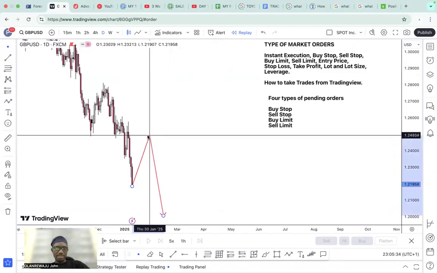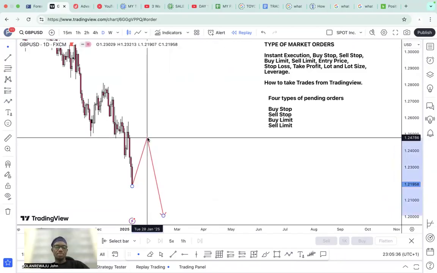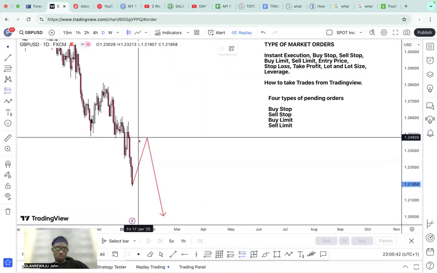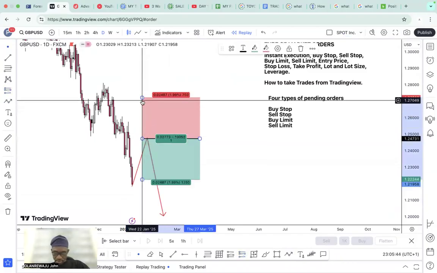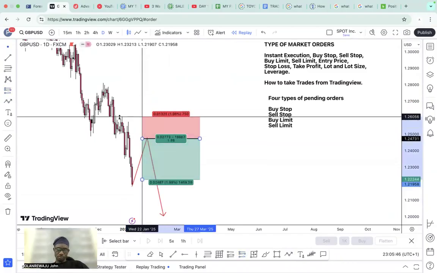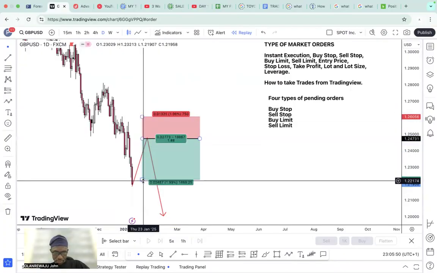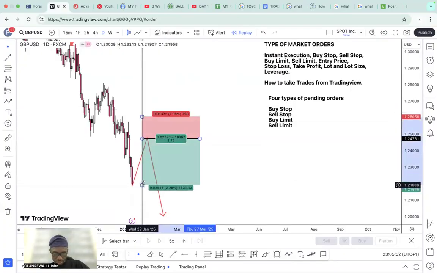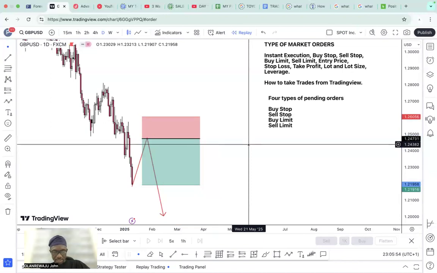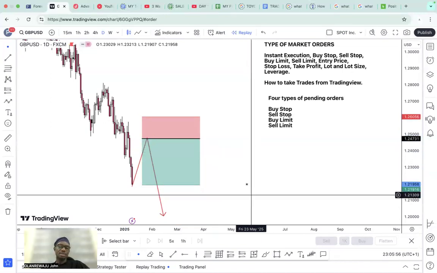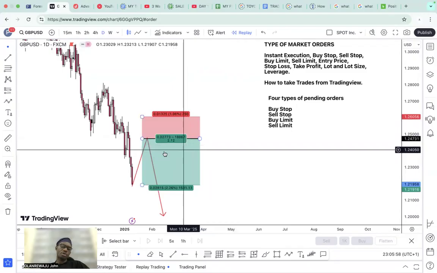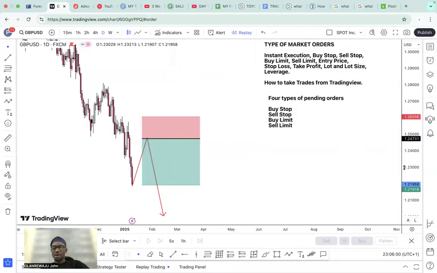So in this case, if I want it to get up here before I sell, what am I setting? A sell limit. So you bring out the tool, set it, put the stop loss at the highest point of invalidation, put your TP where you think is the most conservative place, and then go to your MT4 or MT5, taking the parameters.